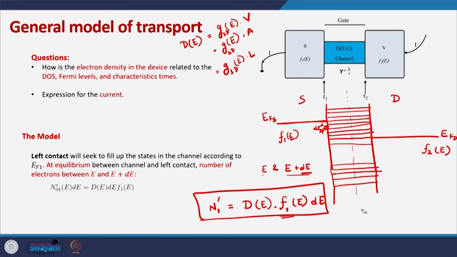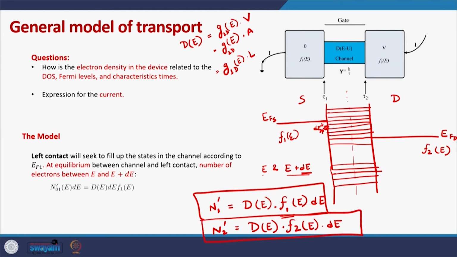in equilibrium when the channel is only connected to the drain contact, in that case, let us say in equilibrium the number of electrons in the channel is N2 prime, and that will be the density of states of electrons in the channel times the Fermi function of the drain times the energy range dE.